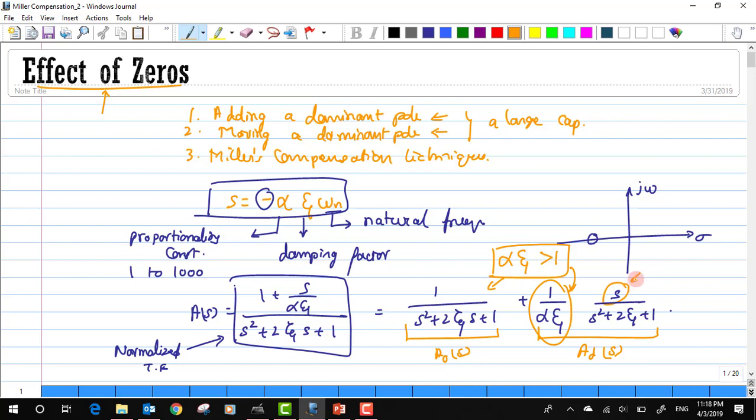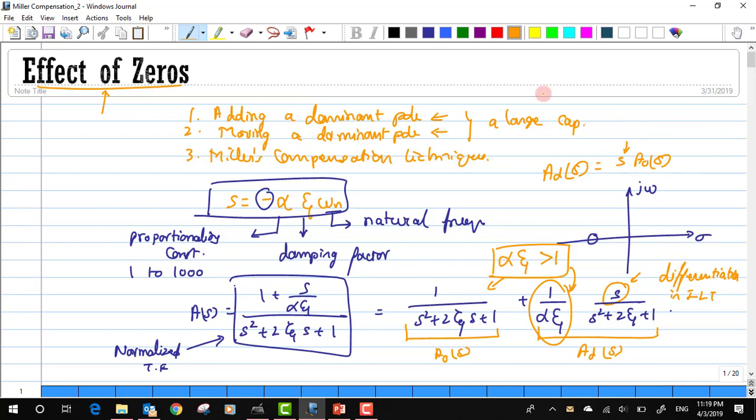The S in this numerator is equivalent to a differentiation in the inverse Laplace transform, right? So what we are actually doing here is that I can visualize A_d of S as S times A naught of S, where S is nothing but a differentiation operation in the time domain.